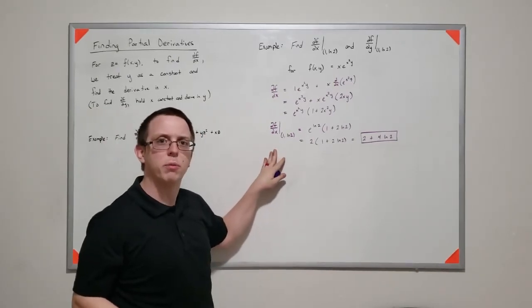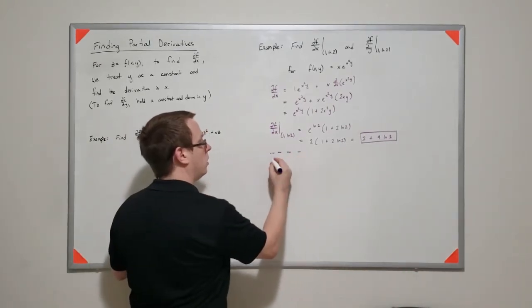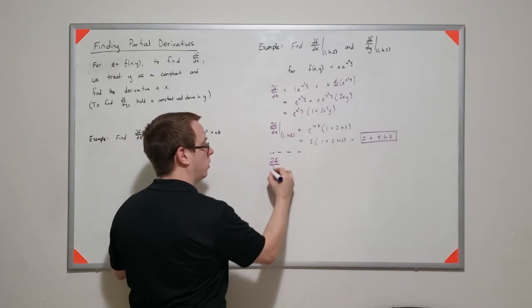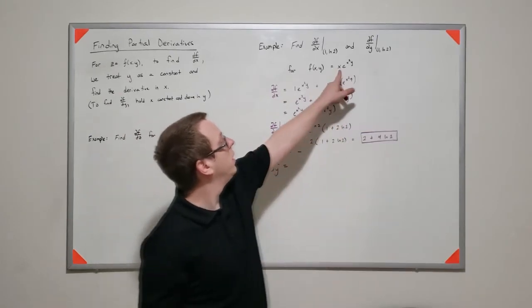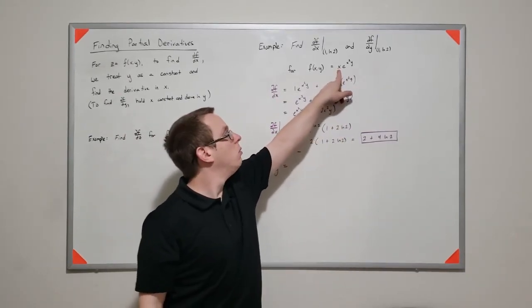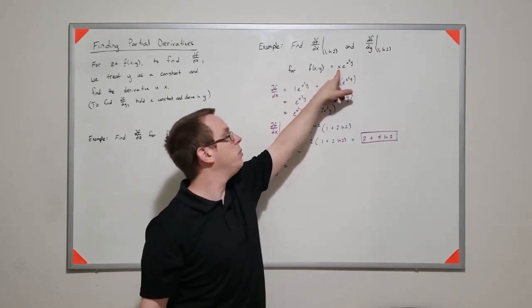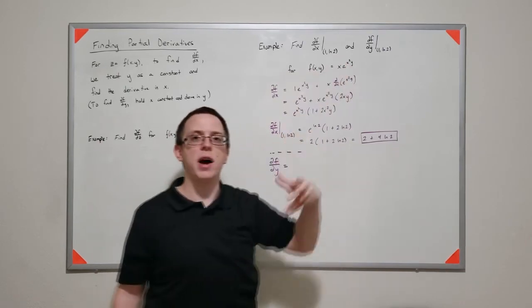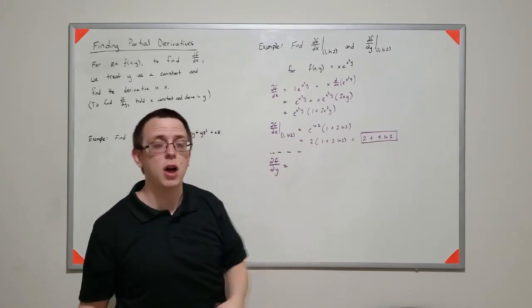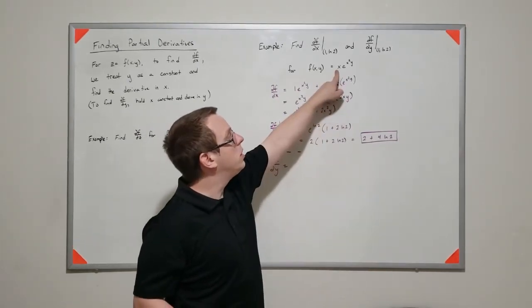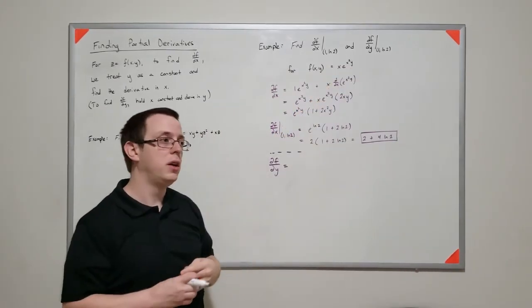So let's do the same thing with the partial with respect to y. We've only done the partial with respect to x here. Now with the partial with respect to y, what I notice is that if I hold x constant, this would be like saying, let's say x were 5, this would be like 5e to the 25y. Well, then that 5 doesn't really come into play in terms of the derivative. It's like a constant, so I don't touch that. But I have e to something with a y, so I have to follow the chain rule.